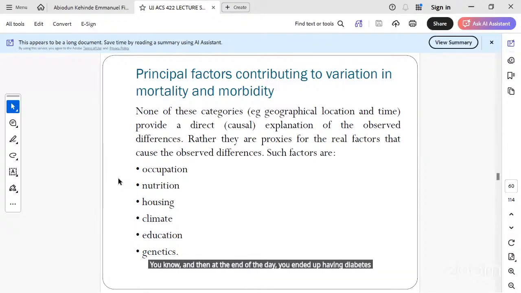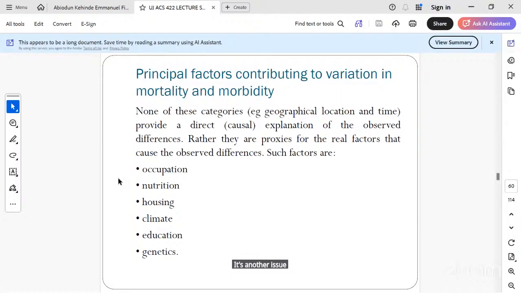So nutrition can be on both sides. You take good food, but you take it in excess, and that will be trouble. Or you don't even have food at all, it's another issue.